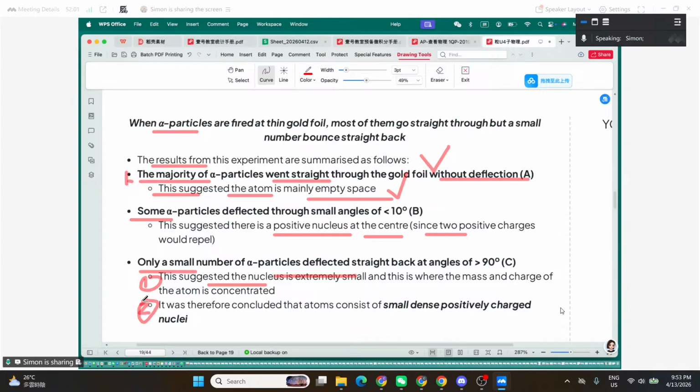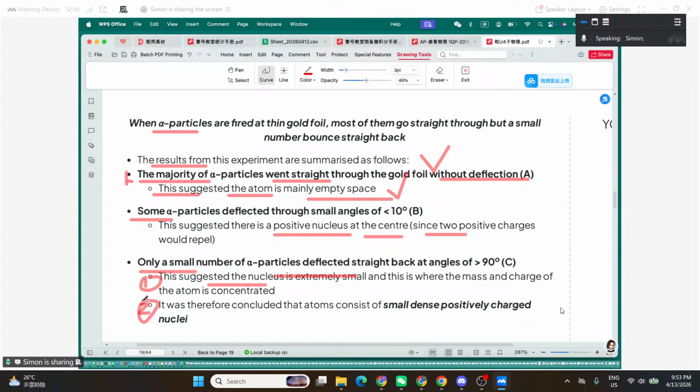If some alpha particles are deflected through a small angle, like 10 degrees, this suggests there is a positive nucleus, because of the repulsive force.